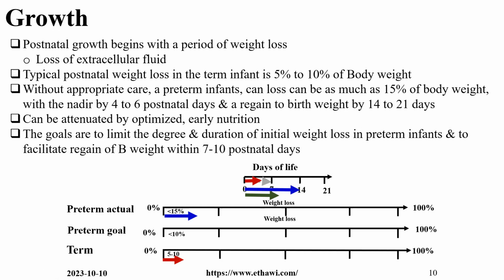If we reach the birth weight by day 7, we are doing great. If we reach it by day 14, you are doing reasonably good. But if you don't reach the birth weight by 21, then probably you're doing something wrong. So remember, when you work with me, I will be obsessed with gaining weight every day and why we didn't gain weight, and we will calculate. That's the reason why we have TFI and TFR.